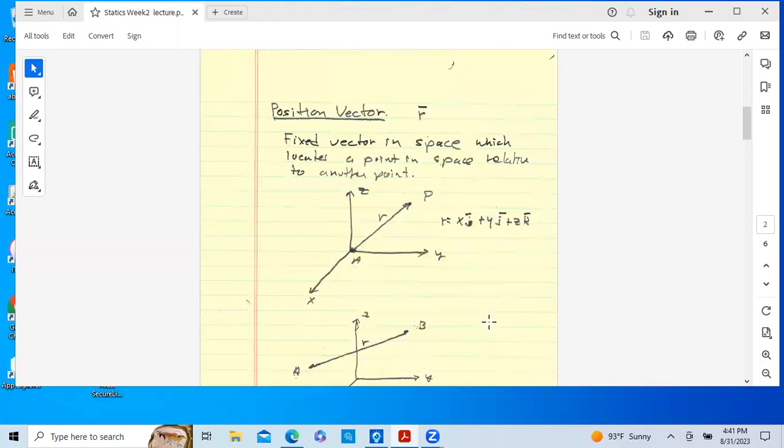Position vector. A position vector is a fixed vector in space which locates a point in space relative to another point. So we have our XYZ axis. Pick a point out here in space.